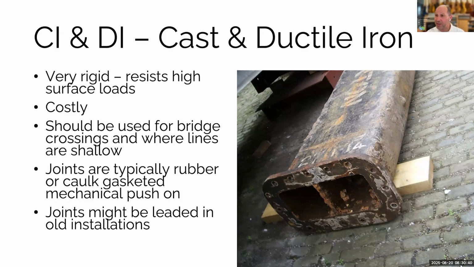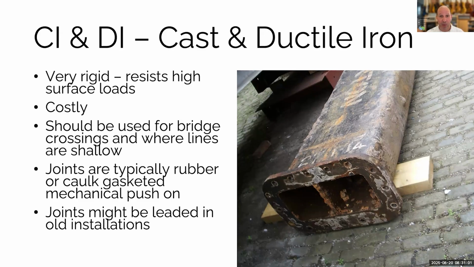In really old installations, you might actually see lead joints, kind of like older house plumbing often has. Like if you look at older house cast iron plumbing, the joints actually have lead poured in them to make that seal. So you're probably not going to run into this, but it's good to know and what it could be used for in the modern era.